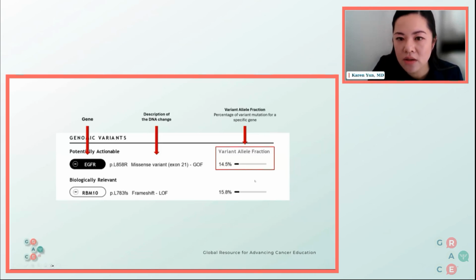Variant allele fractions so far in lung cancer don't play a huge role in influencing our treatment decisions because, while it's reported, it's not information we necessarily use. If a mutation is there, we use that information to guide our treatment decisions.